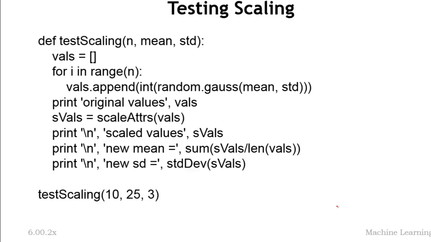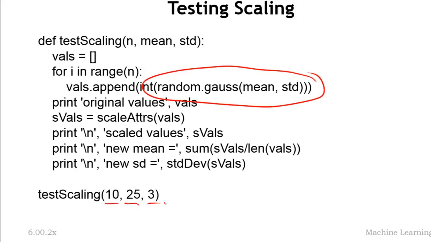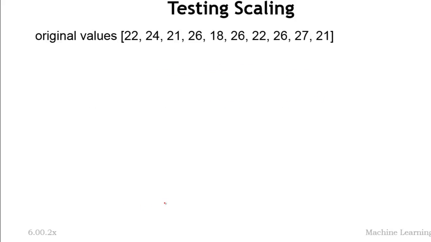Since, as usual, I don't quite trust math, I wrote some code to make sure this was really working, in which I used random.gauss to generate some points, and then ran the scaling code and saw what I got. I tested it on 10 points with a mean of 25 and a standard deviation of 3.